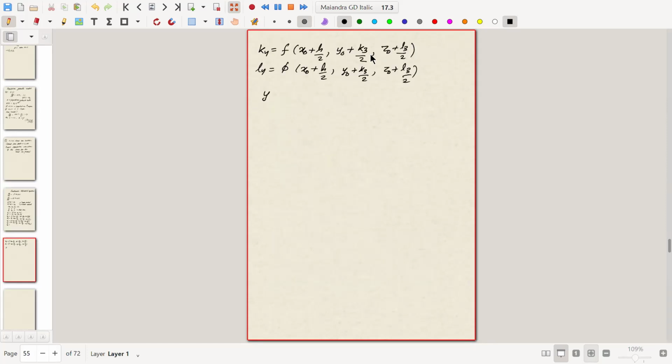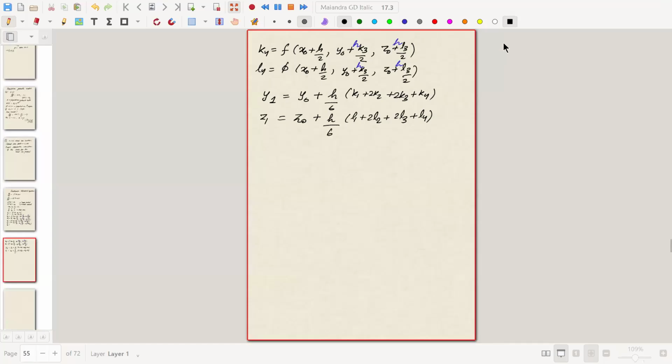For that, you can say your next step: y1 equals y0 plus h over 6 times k1 plus 2k2 plus 2k3 plus k4.